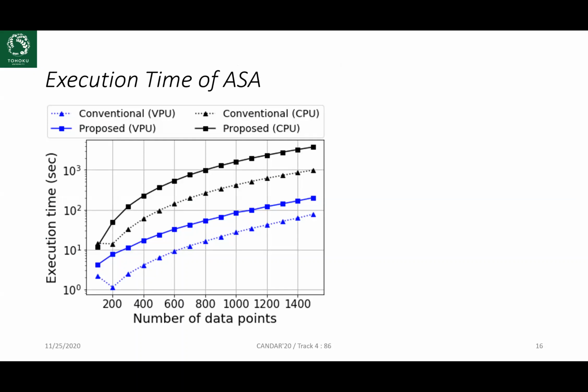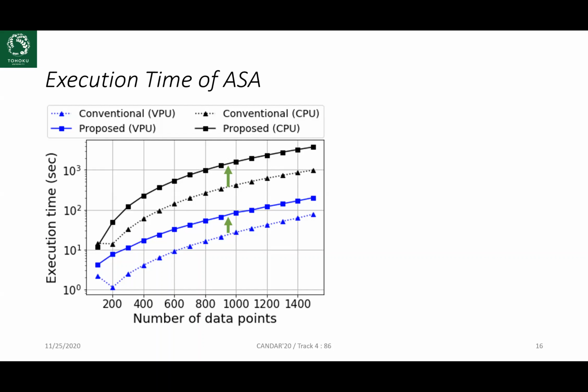Next, we evaluate the execution time of combinatorial clustering. This figure shows the execution time of the proposed method and the conventional method. Each method is executed on both the CPU and the VPU using ASA. The number of data points is varied from 100 to 1500, and the number of clusters is 6.